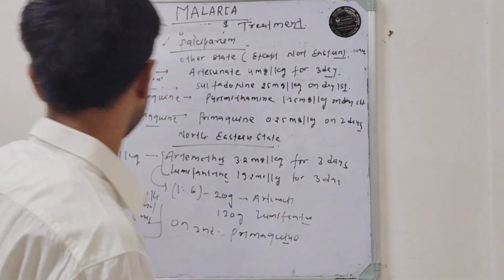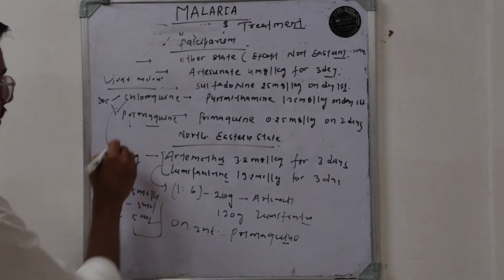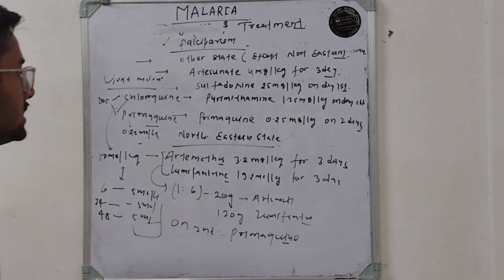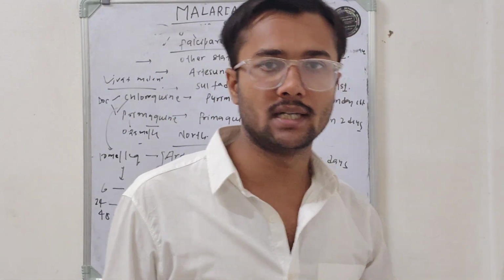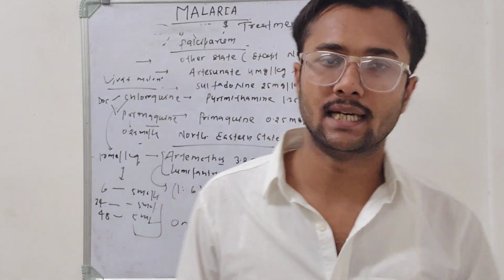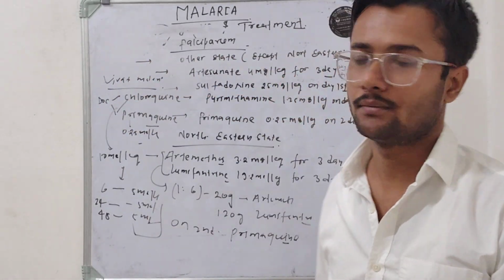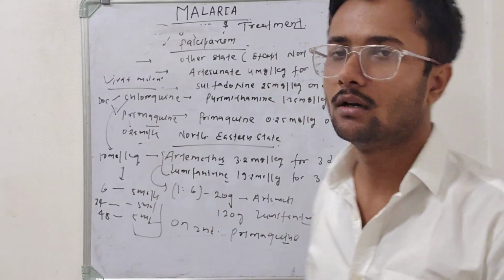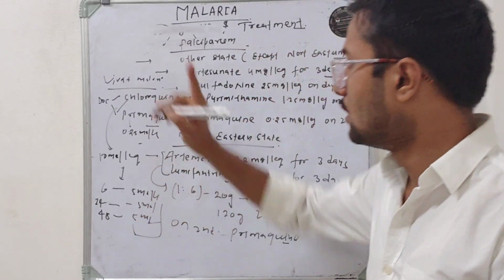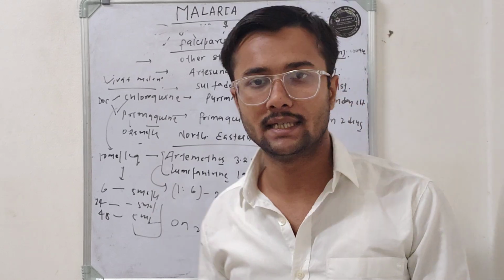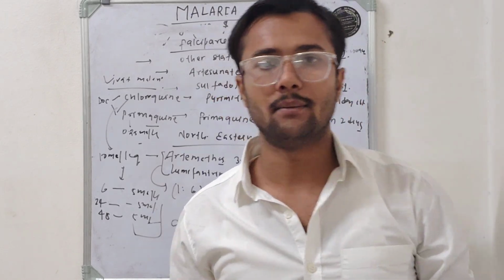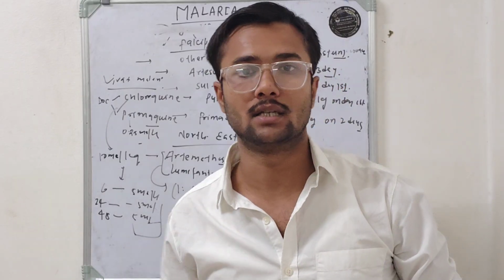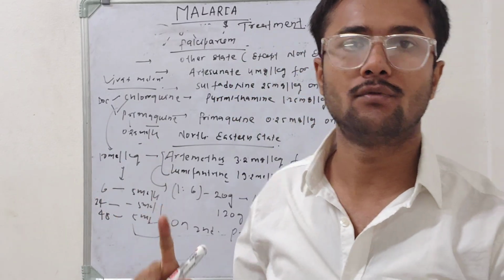Okay, here what is the dose of primaquine? Obviously 0.25 milligram per kg. But the difference of primaquine in vivax malaria and falciparum malaria is that, as you already saw, in falciparum malaria we give primaquine only on the second day. But in vivax malaria, we give this primaquine tablet, 0.25 milligram per kg, for 14 days. So why do we give primaquine for 14 days?